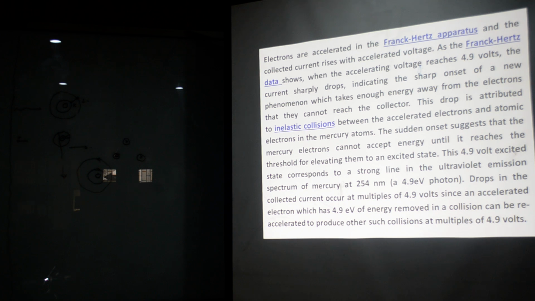As the Franck-Hertz data shows, when the accelerating voltage reaches 4.9 volts, the current sharply drops. The current sharply drops, indicating the sharp onset of a new phenomenon which takes enough energy away from the electrons that they cannot reach the collector.